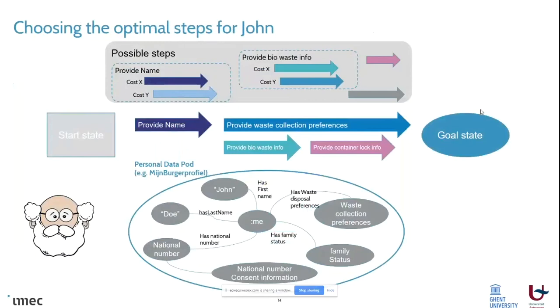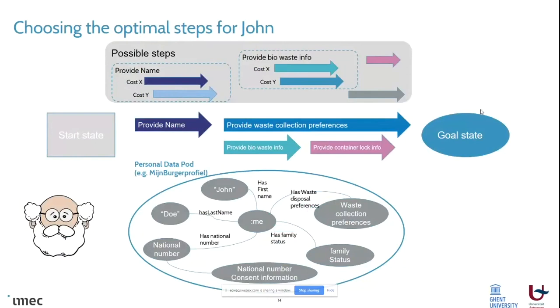Indicated on this slide at the top, we see our whole pool of steps described using our data model, which have a certain cost attached. And you see also that we might have alternative steps to provide the same information or to reach the same state in the end.